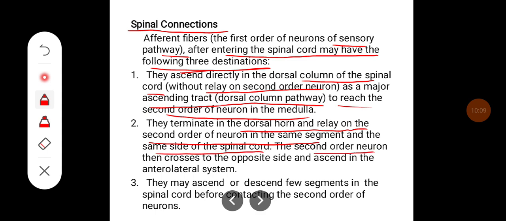The second order neuron then crosses to the opposite side and ascends in the anterolateral system. They may ascend or descend a few segments in the spinal cord before contacting the second order neurons.